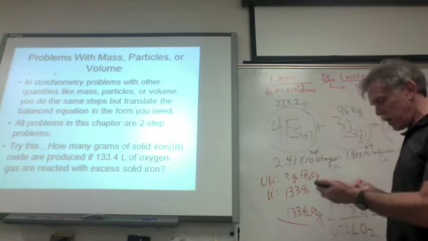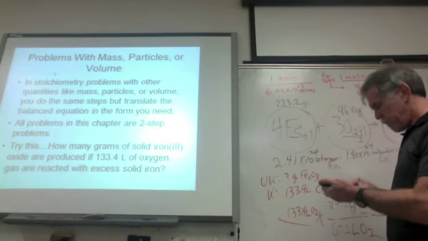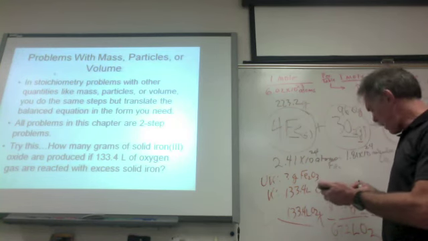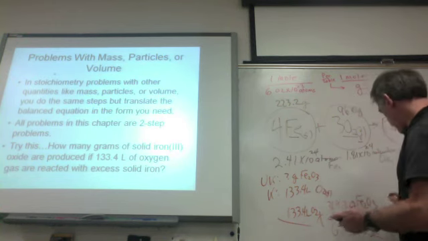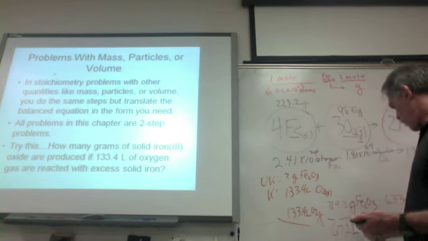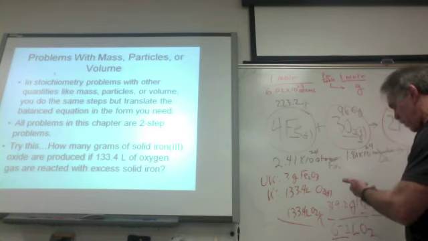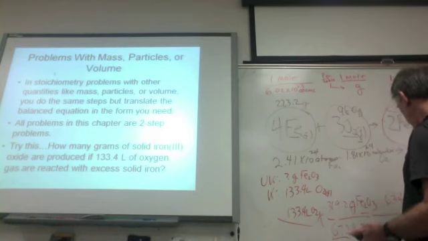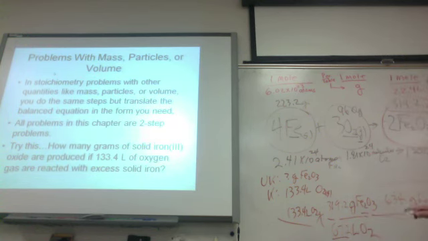Make sure you know how to do that. 133.4 times 319.2 divided by 67.2, and we get 633.6. We've got 3 significant digits down here on the bottom, so we need to round that to 634 grams of Fe2O3. And that's our answer, 634 grams of Fe2O3.